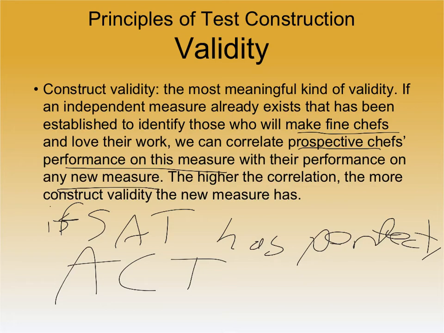Now, assuming that the SAT perfectly predicts how well you're going to do in college, we can correlate your score on the ACT with the SAT and say, hey, if you scored high on both, then that proves that the new test, the ACT, by extension, also has high validity. So this is the most meaningful kind, but it's the hardest because it requires you having one test with near perfect validity in the first place, which we almost never have.